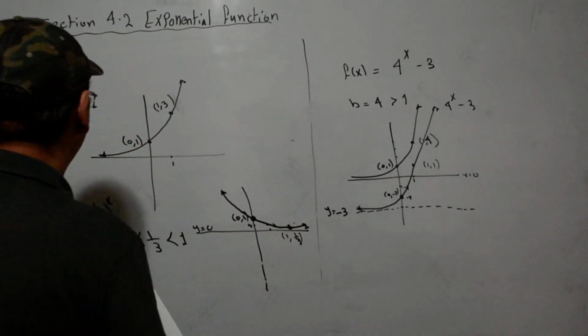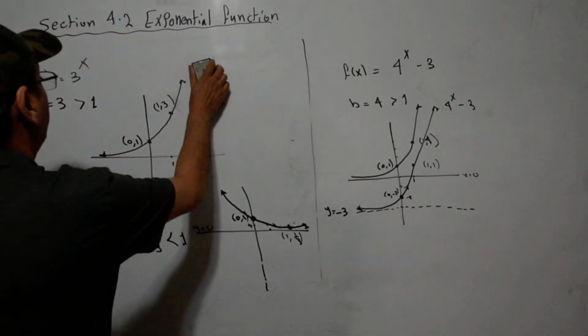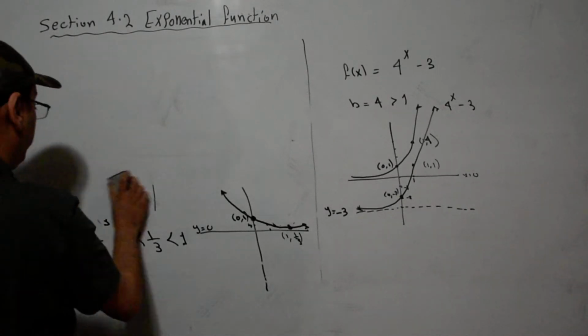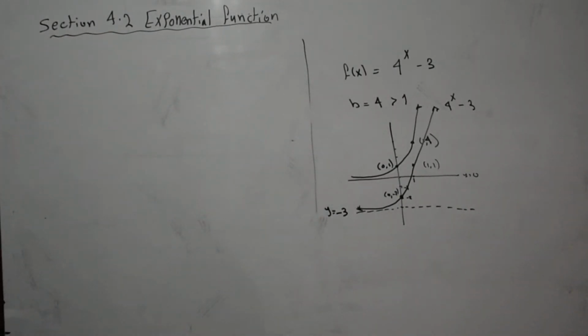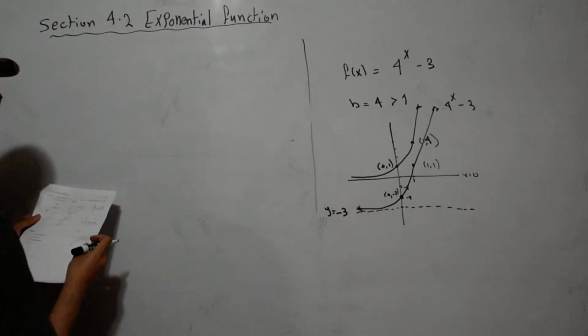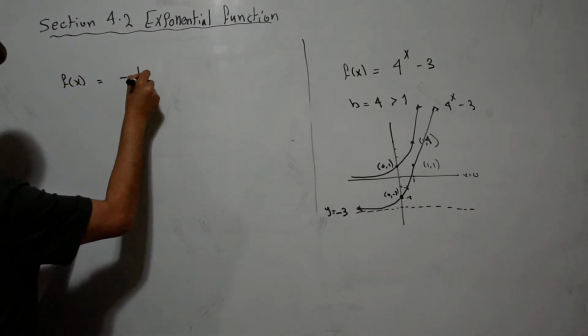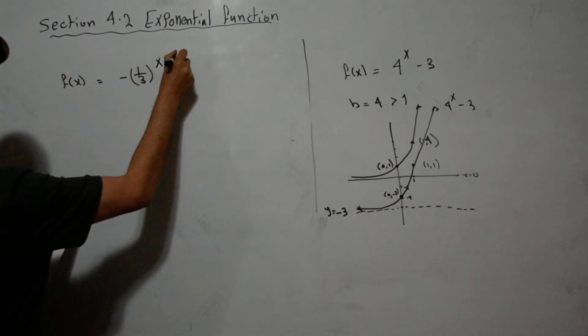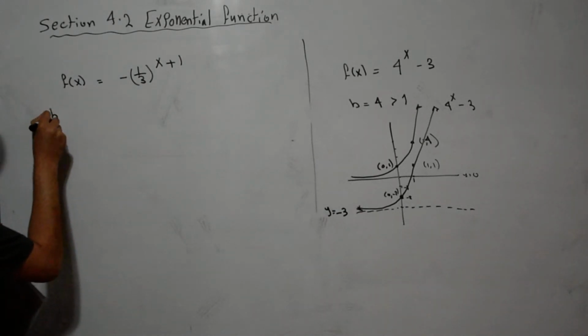Okay, let's get another example of transformation. I have f of x equals negative 1/3 to x plus 1. So again, what is b?